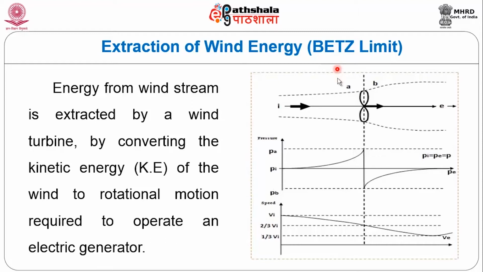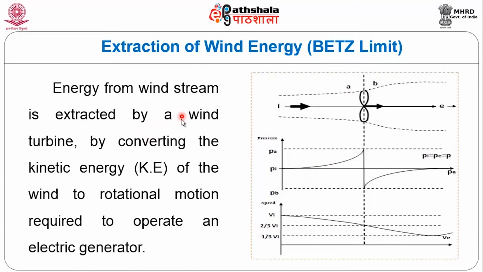So, the derivation is given here, and the pressure and velocity profile is given to understand the Betz limit. The Betz limit is about 59.3%, which could be extracted, that is the maximum limit out of the wind source.